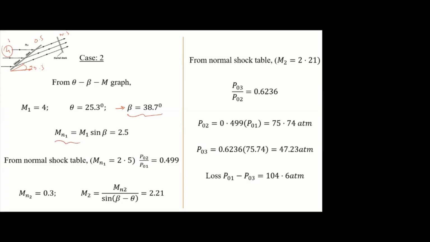So once you know the Mn1, you can find the property across oblique shock wave using normal shock table. You can find Mn2 and P02 by P01 ratio. So P01 already we found it. So directly we can find P02. Okay. And from Mn2 you can find M2. Is it clear up to that?